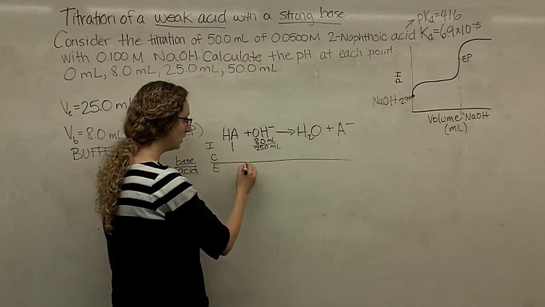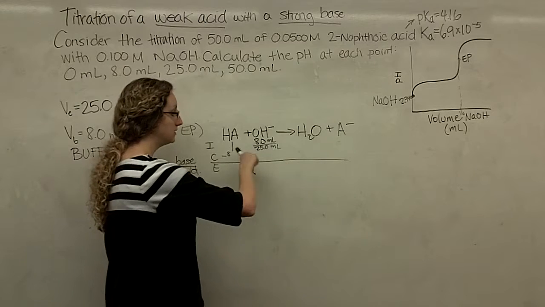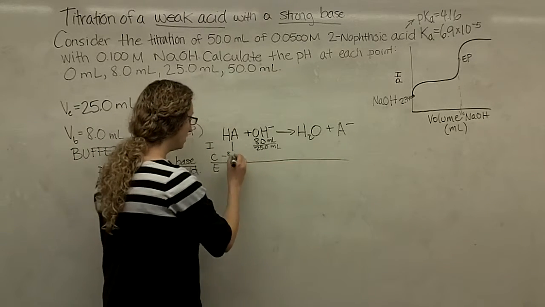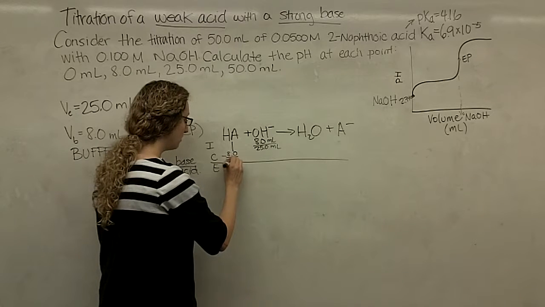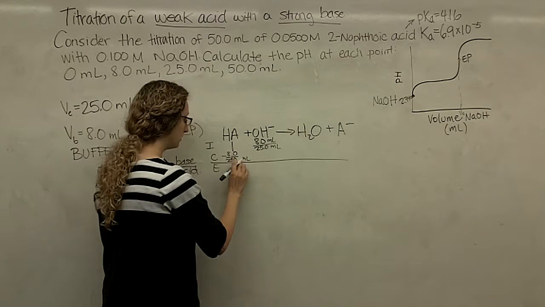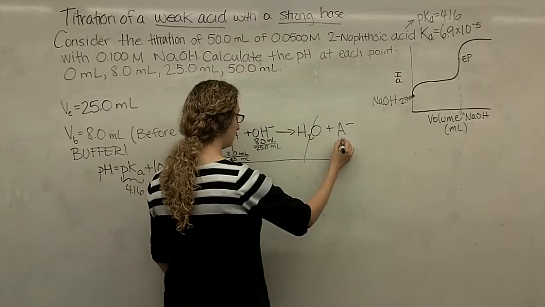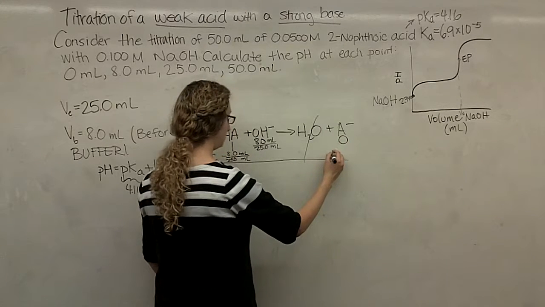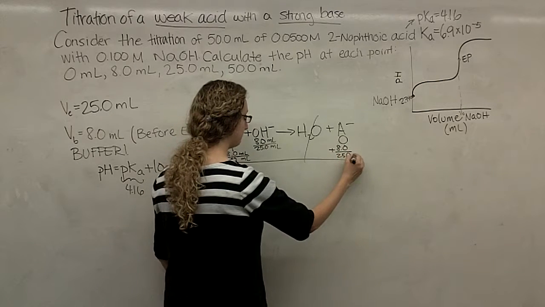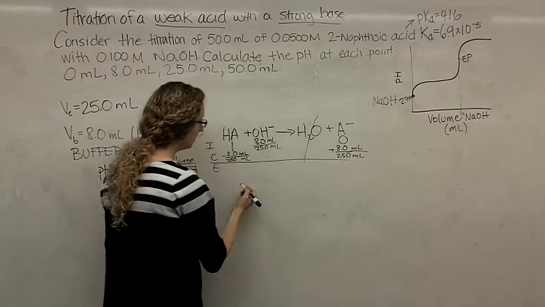That's how much was removed from the acid side and added to the base side. So 8.0 over 25.0 milliliters.